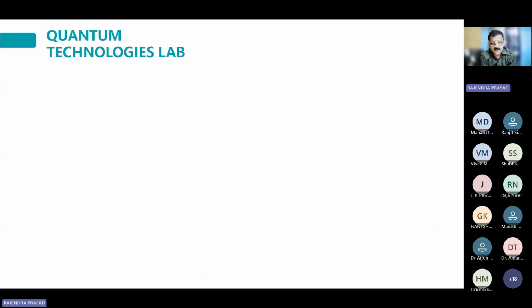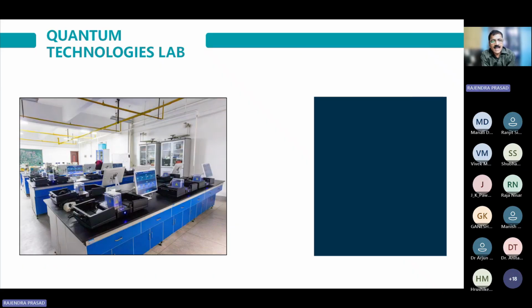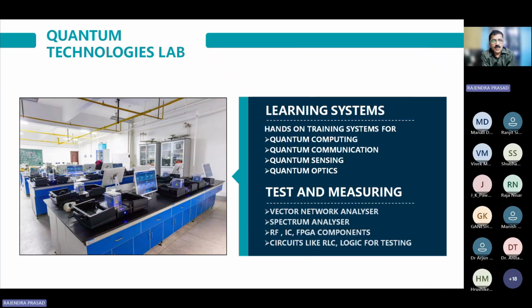When it comes to the quantum technology lab, what do we provide them? Hands-on training systems are always helpful in quantum computing, communication, quantum sensing, and optics. These are systems where we execute or create quantum communication circuits and quantum computing circuits.